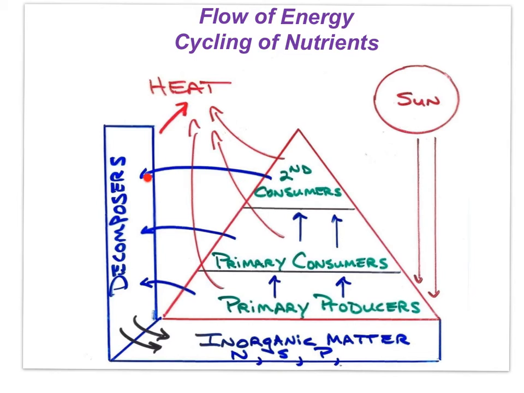As you can see, all organisms release heat as part of energy transformation. Energy flows into, through, and out of ecosystems. But nutrients, matter, things with mass, cycle within.